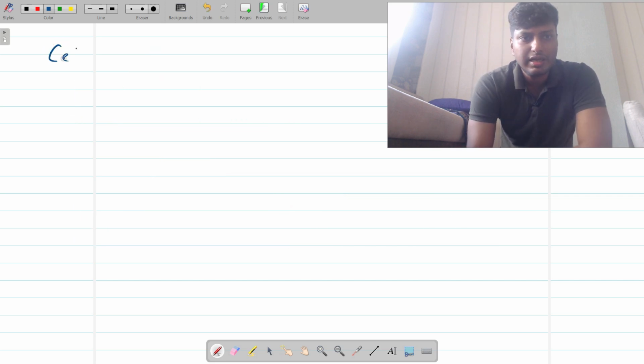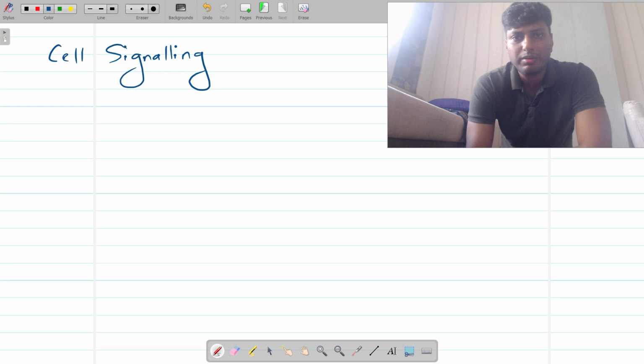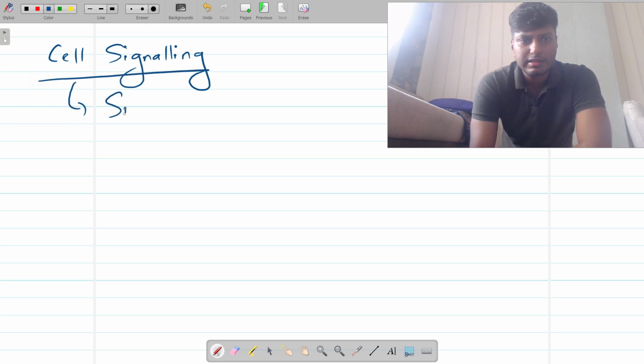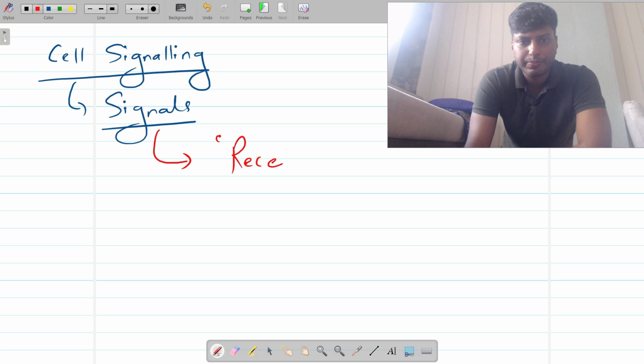Now cell signaling, as we said, involves the signals which are coming to the cell. These signals are often detected by something called receptors.